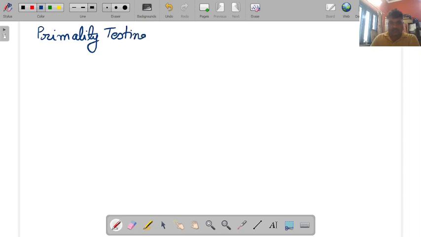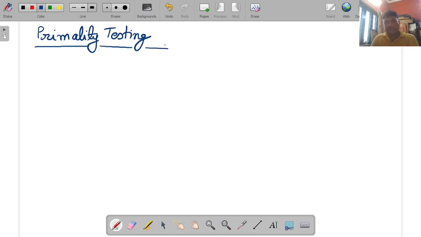And such type of testing we will do to find out the prime number in cryptography. In cryptography, the number of digits of the prime number is beyond 168 or 240 digits, so it is a huge number.